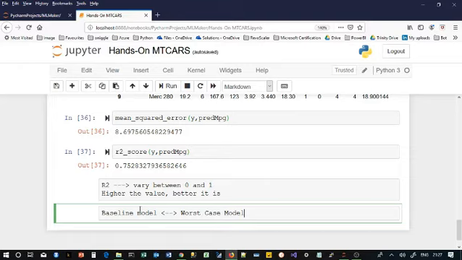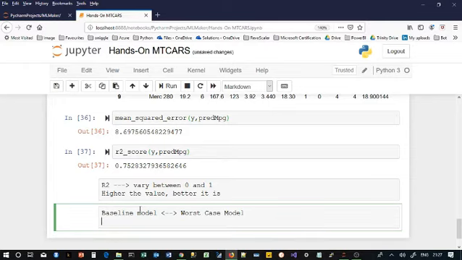Can I improve over the baseline model? Absolutely yes. Now R square is an indication of how good is the improvement over the baseline model.